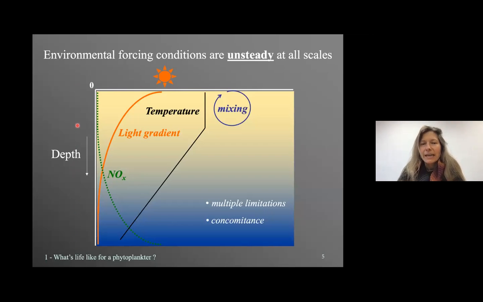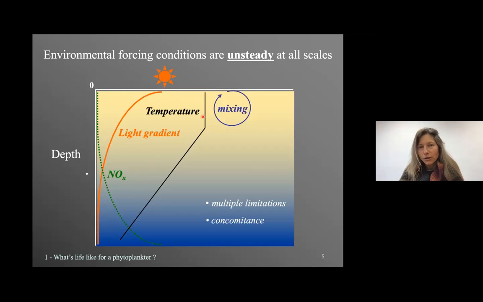What this diagram expresses is that all the environmental factors that the phytoplankton responds to are highly variable in time and in space, but also according to depth. As an example, I drew the exponential decrease of light as we go deeper, and on the contrary, the exponential increase in the availability of nitrate and nitrite, for instance.